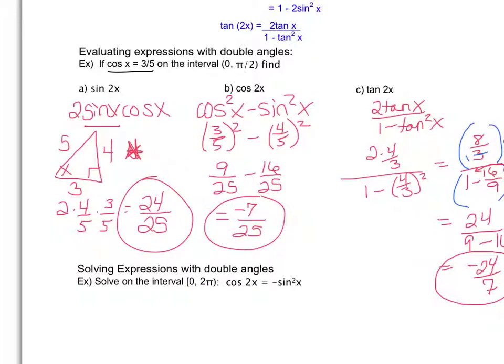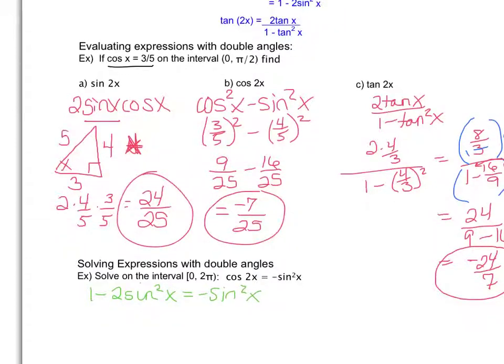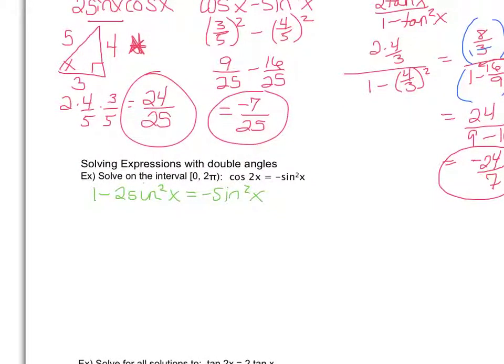So cosine of 2x I'm going to replace with 1 minus 2 sine squared x equals negative sine squared x. And now from here, I notice that these are like terms, so I'm going to add this 2 sine squared x to both sides, giving me 1 equals a positive 1 sine squared x.